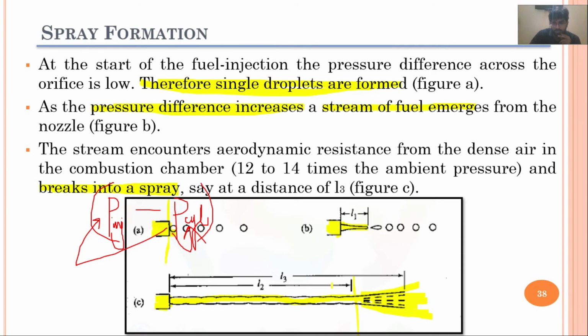Here you can see that a stream is coming out of this injector, and because of the resistance offered by this dense air, this stream will break into a spray. So that is how the spray formation is going to happen.